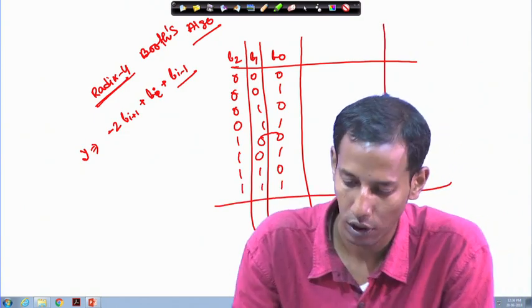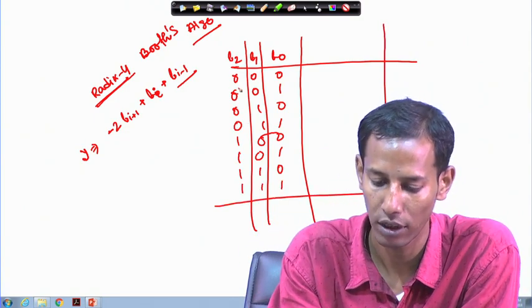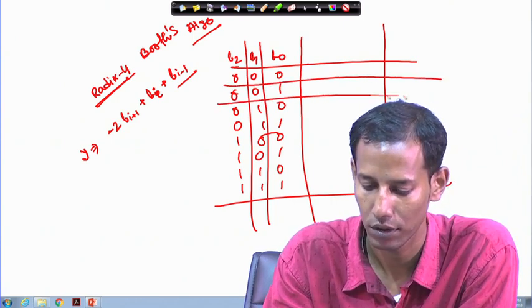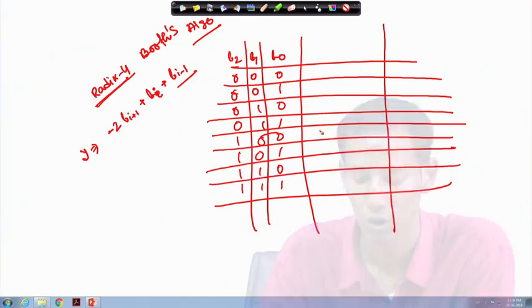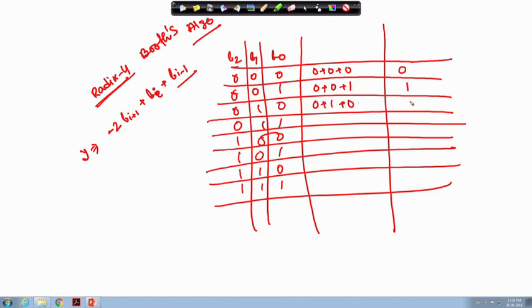For 000, it is 0 plus 0 plus 0, which is 0. For 001, it is 0 plus 0 plus 1, which is 1. For 010, that is 1.